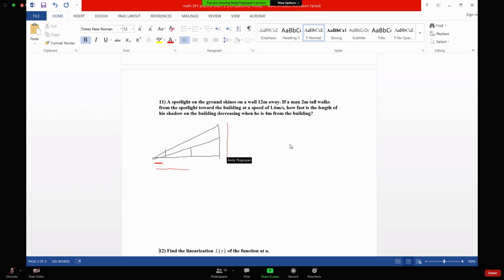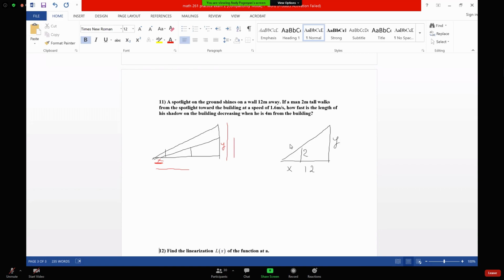So let's assume this is x, this is y. So you have x, this is 2, the total is 12, and this is y.